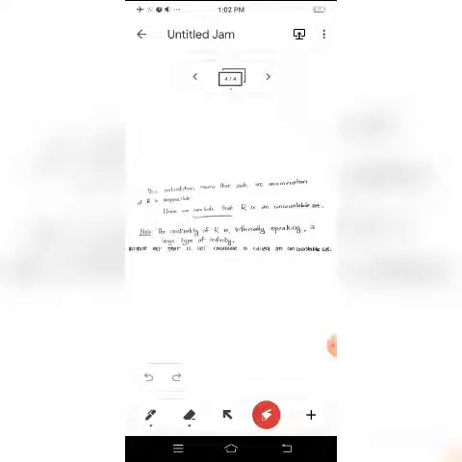R is uncountable means R is a large type of infinite set. An infinite set that is not countable is called an uncountable set. R is an infinite set that is not countable, as we have already proven. So that set is called an uncountable set. Hence R is an uncountable set.